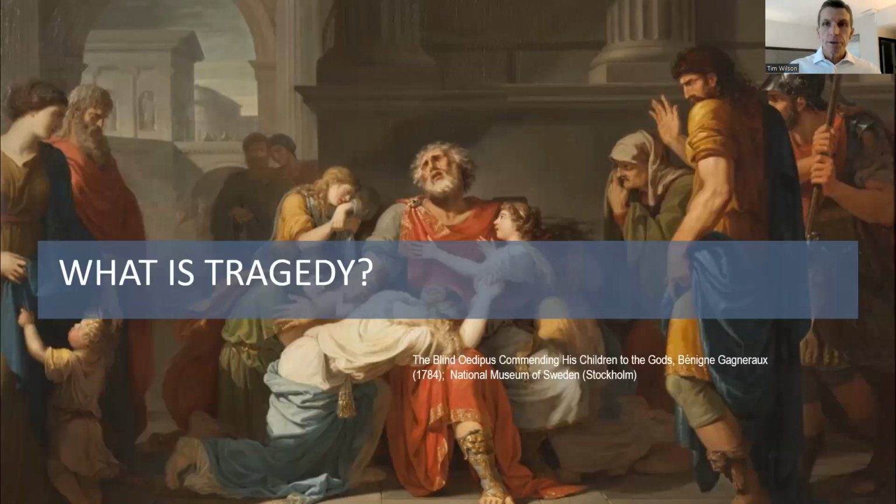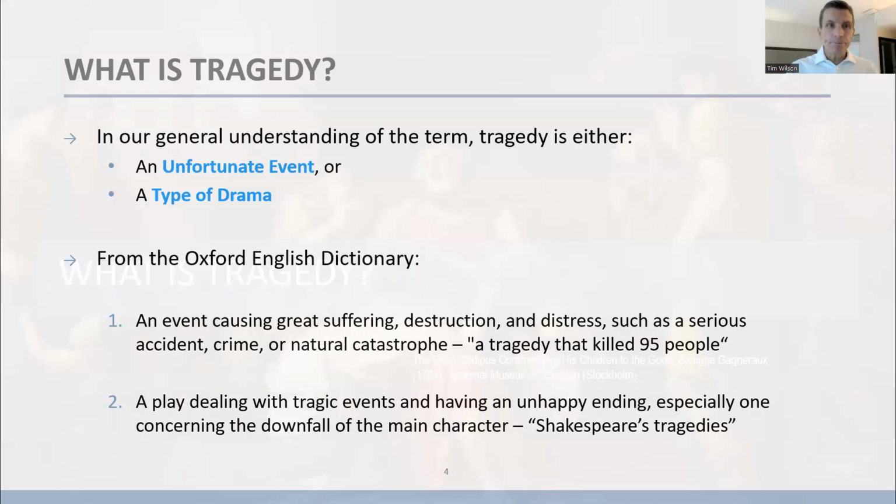So let's start with the definition. What is tragedy? So our general sense is of tragedy being an unfortunate event or a type of drama. The Oxford English Dictionary gives these two definitions: an event causing great suffering, destruction, and distress, such as a serious accident, crime, or natural catastrophe.